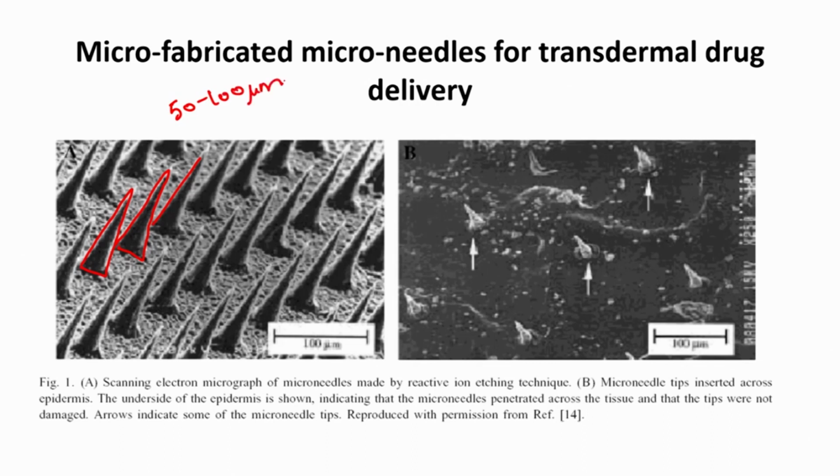That means that up to 50-100 micron, which is the major thickness of your stratum corneum, you can diffuse through. And here in part B, what you are seeing is these microneedles being inserted into the epidermis, and then you are looking from the other side. So, what you can see is these needles are just poking out from the skin.